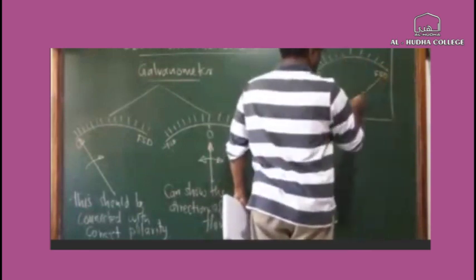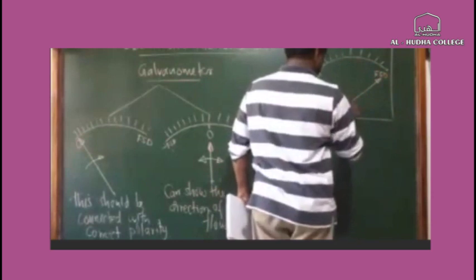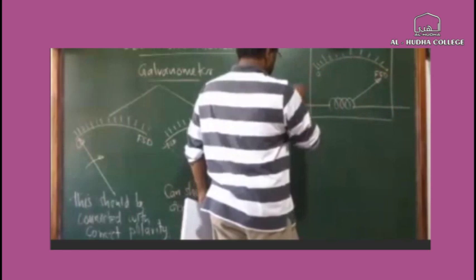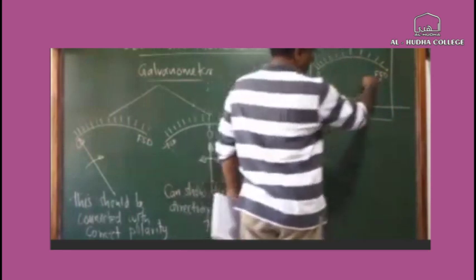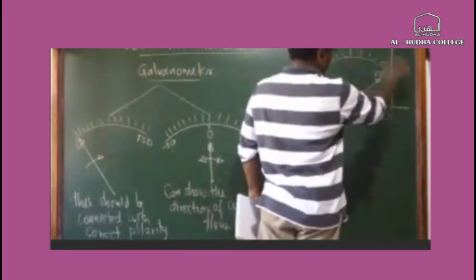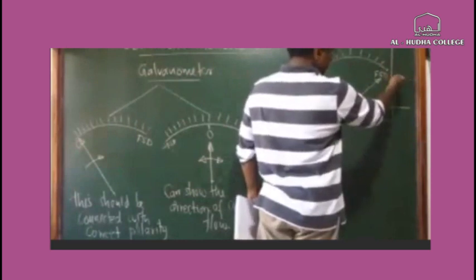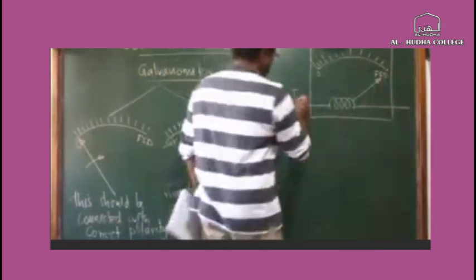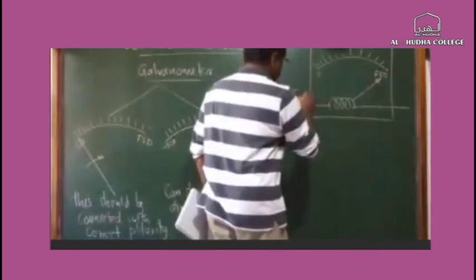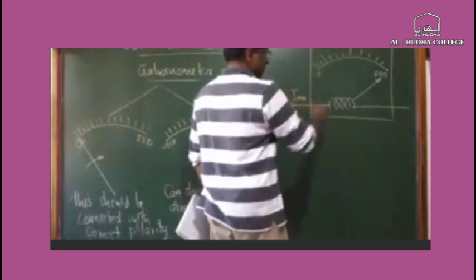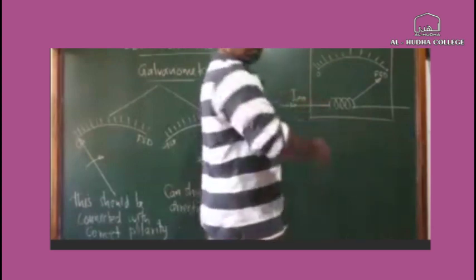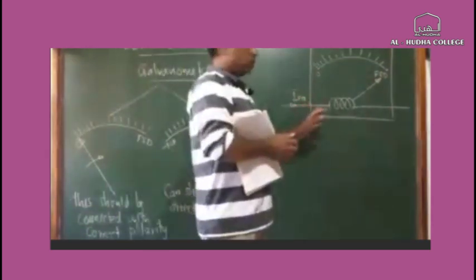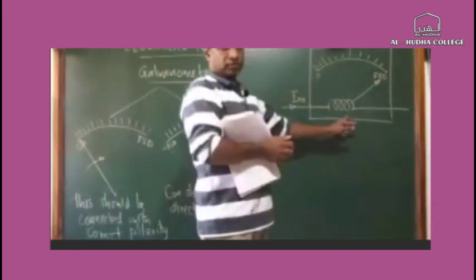Now the current I that flows in the coil, when it is pointing to the extreme end of the scale, that is full scale deflection, this I is called IFSD, and this is the maximum current the coil can withstand. If you apply a higher current than full scale deflection, the coil will be burned, right?